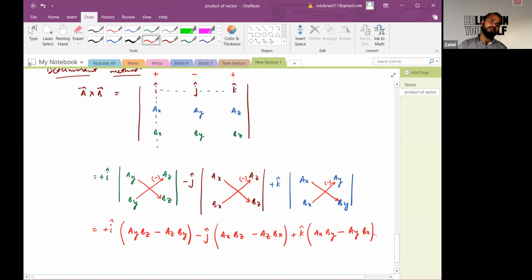So this is how we calculate the cross product.